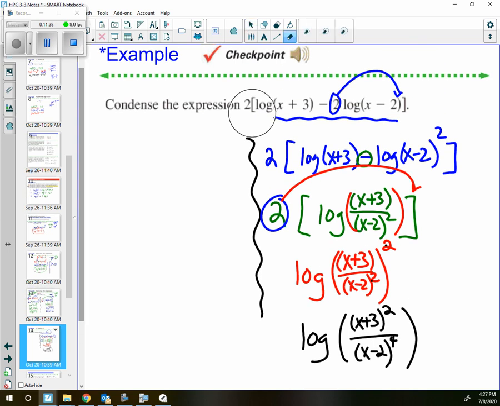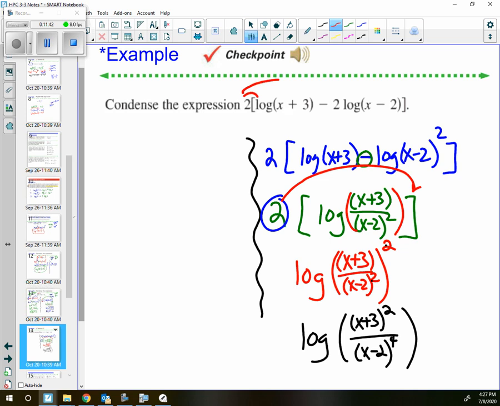But again, some people might start, and you can certainly do this, with distributing the 2 through. So it'd be 2 times the log of x plus 3 minus 4 times the log of x minus 2. This might be an easier approach for you. You can see what makes more sense. In this situation, we've gotten rid of those big grouping symbols, so we follow normal order of operations.